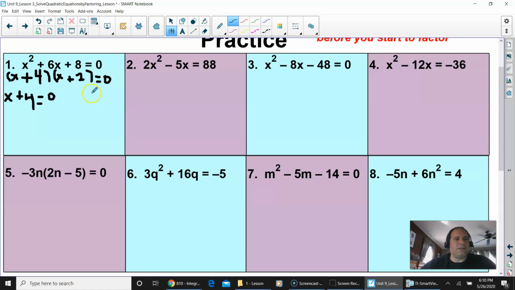X plus 4 equals 0, and x plus 2 equals 0, and you are ready to solve and get your roots. So you subtract 4 on both sides, on this side right here on the left side, and you get x equals -4.